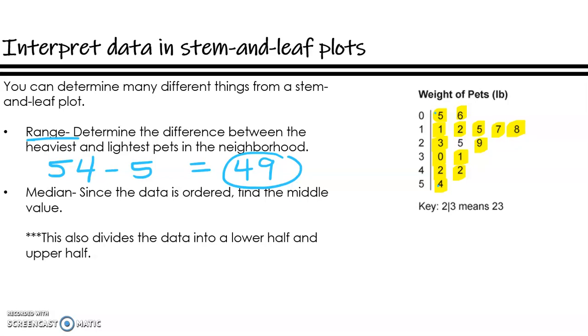So 1, 1, 2, 2, 3, 3, 4, 4, 5, 5, 6, 6, 7, 7. Perfect. Okay. So my median is 25. Don't forget that the 2 is the tens place and the 5 is the ones place. It also divides our data into a lower half and an upper half. So everything below 25 is the lower half, everything above 25 is the upper half.